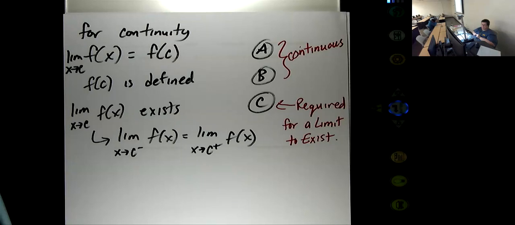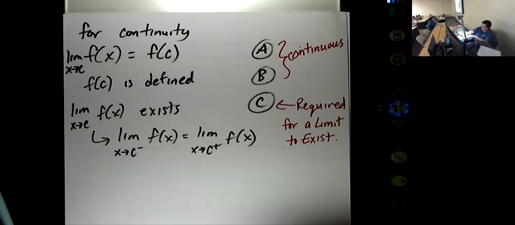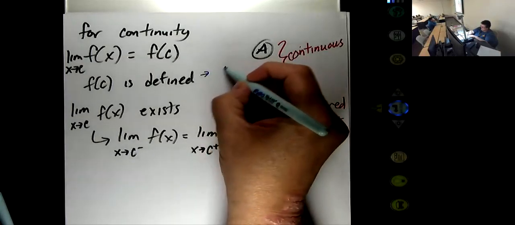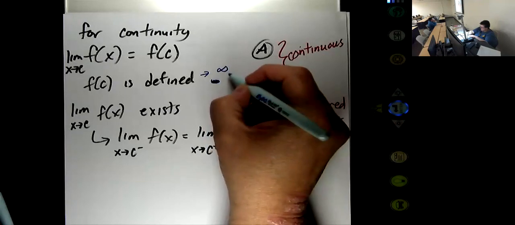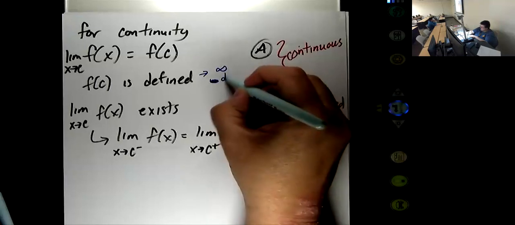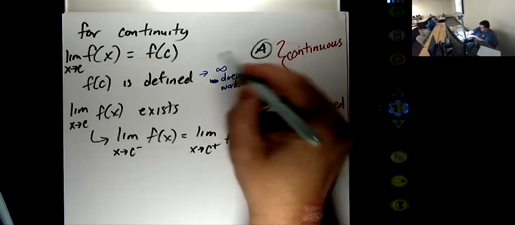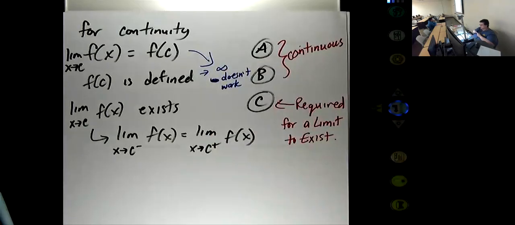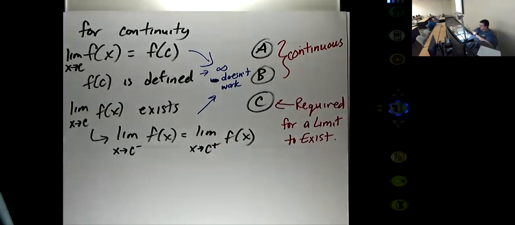Does that make sense? Yeah. Recall infinity is considered undefined. Infinity doesn't work. For these two going together, well, all three of them going together, there's going to be a problem.